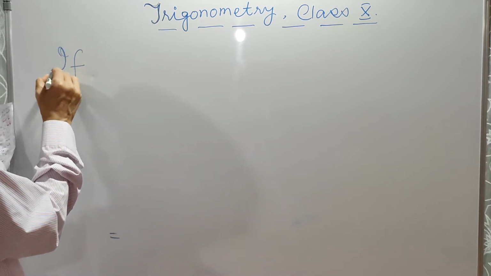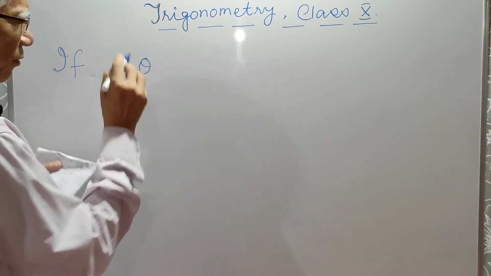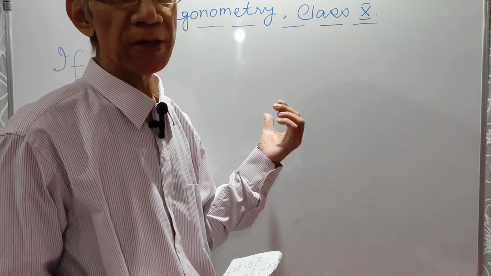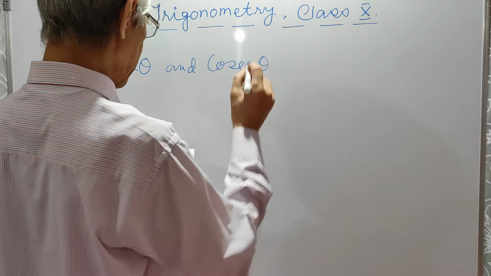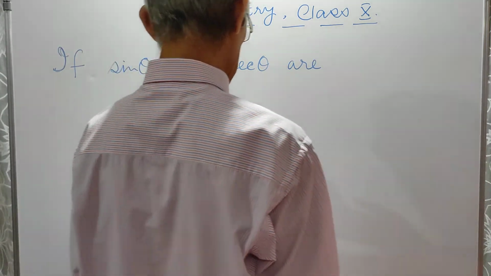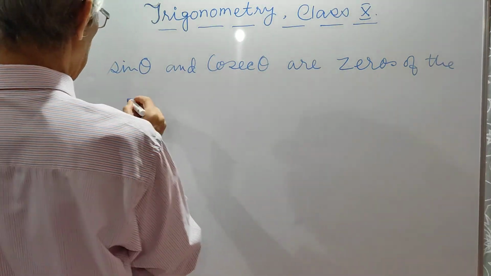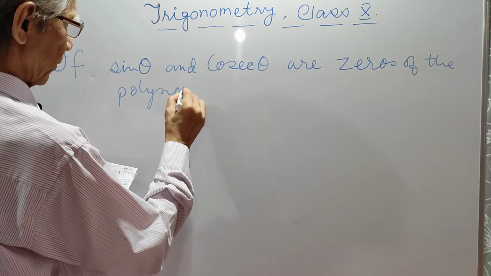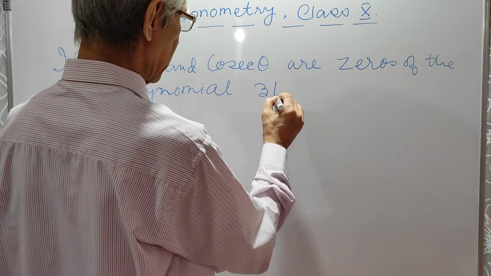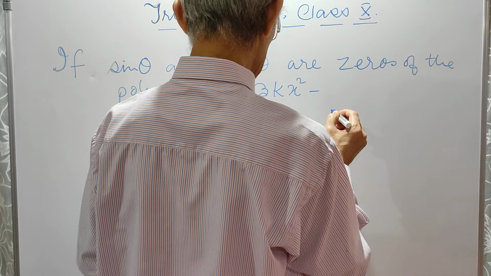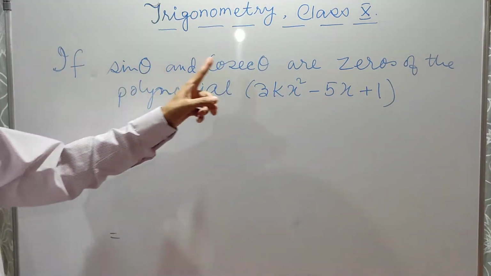If sine theta and cosec theta are zeros of the polynomial 3kx square minus 5x plus 1, then find k.